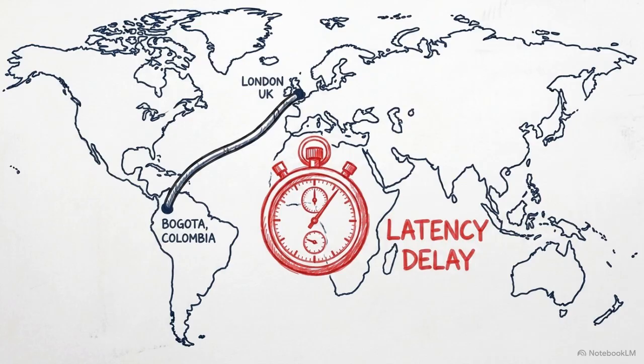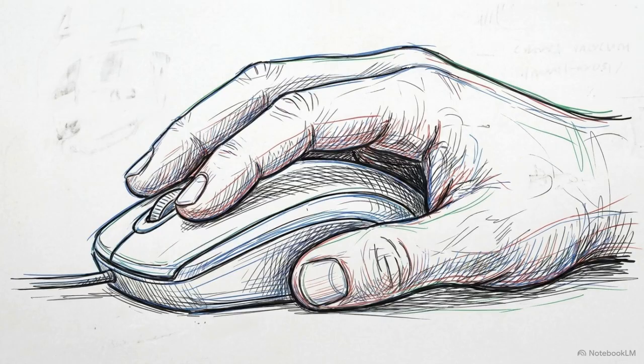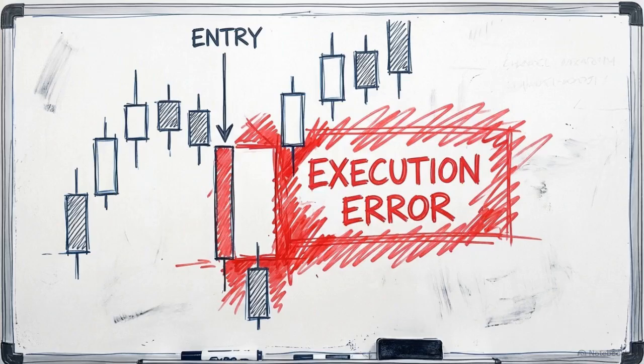Because of the geographic distance from Colombia to those European servers, traders face an unavoidable physical delay, typically ranging between 100 and 180 milliseconds. In manual trading, a fraction of a second might go unnoticed, but in automated trading, a 180 millisecond delay can result in severe algorithmic slippage, where the market price shifts away before your order arrives.